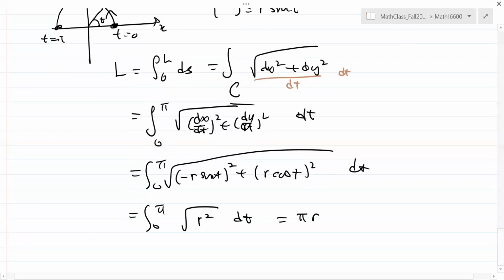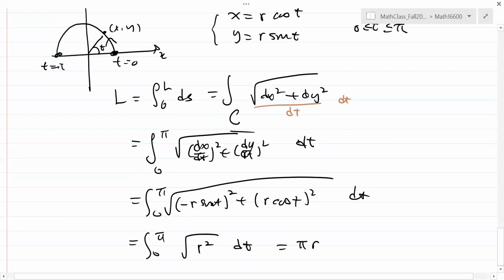So I always memorize this formula. The length is the integral of ds. Then ds is the square root of dx squared plus dy squared. Then you decide whether you're going to take dx out or dy out, and then you have to determine the domain for the variable y or variable x.